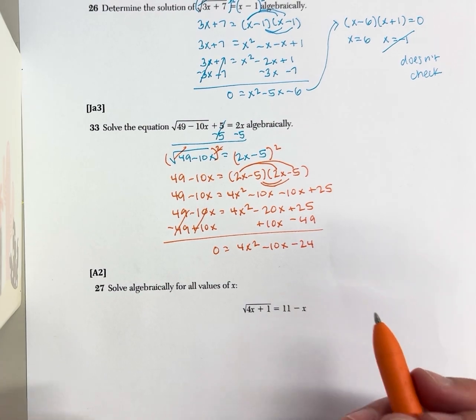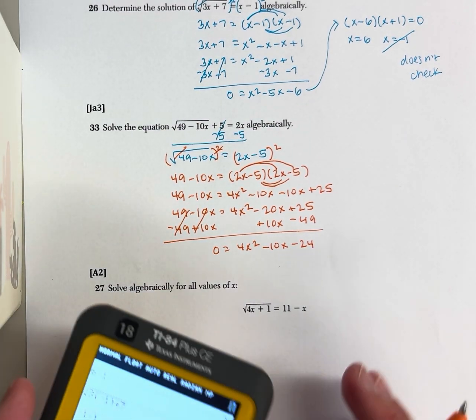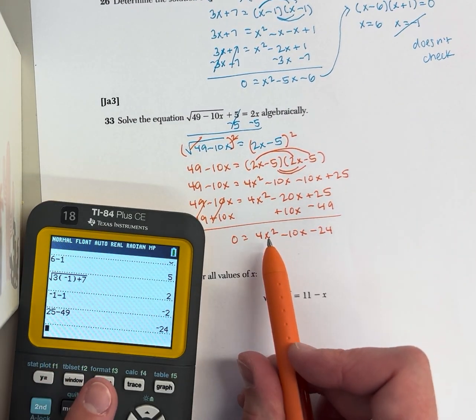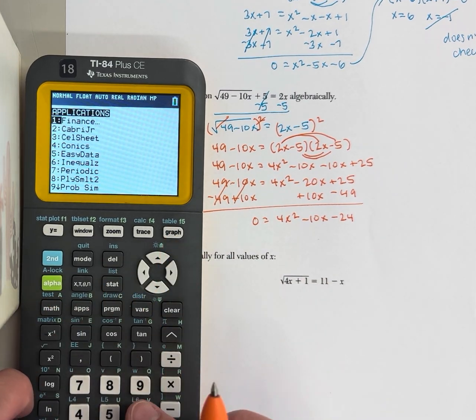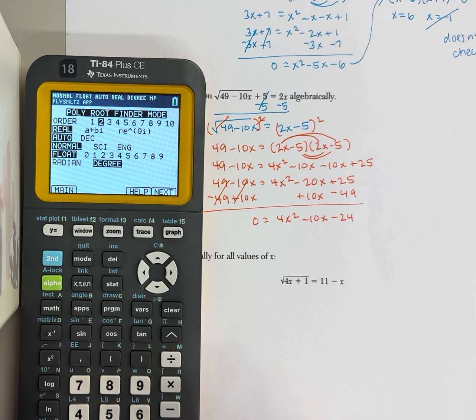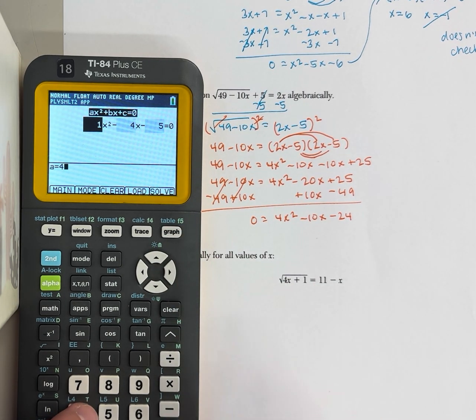Now at this point I can't factor like numbers that multiply and add because this 4 is in the front. So this is one where you might want your calculator to solve it for you. But the real way to factor this is to factor out a GCF.